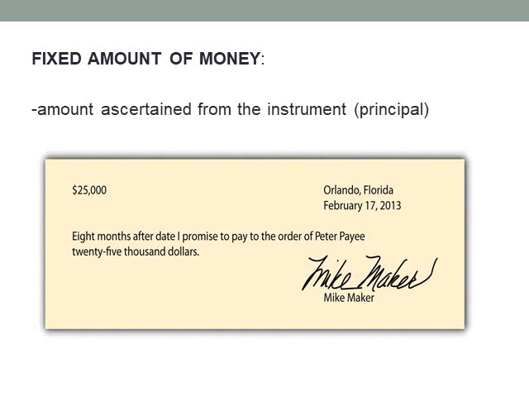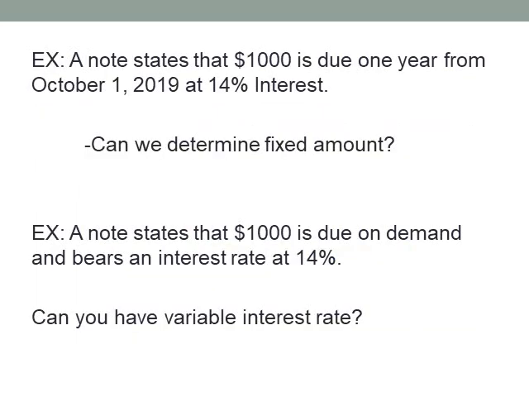That's the principal amount. If a note states that $1,000 is due 1 year from October 1st, 2019 at 14% interest, do we have a fixed amount? The note says the principal's $1,000, but does the interest mess it up for any reason?